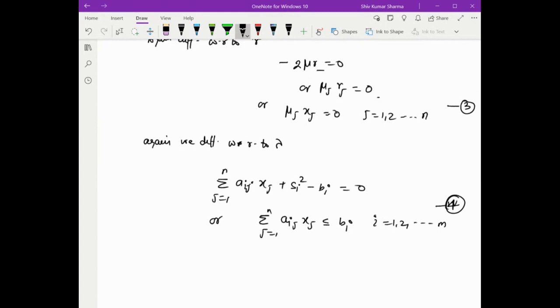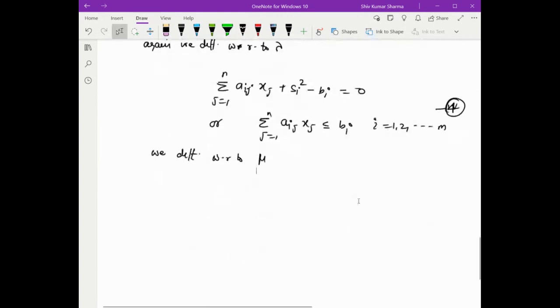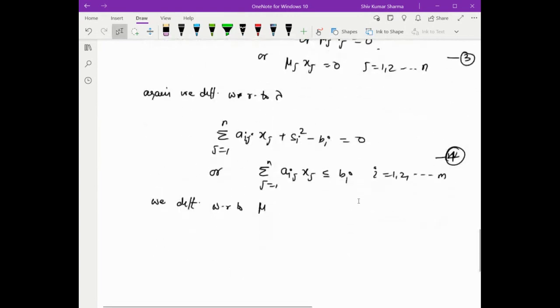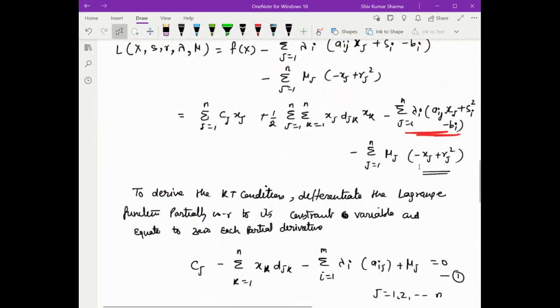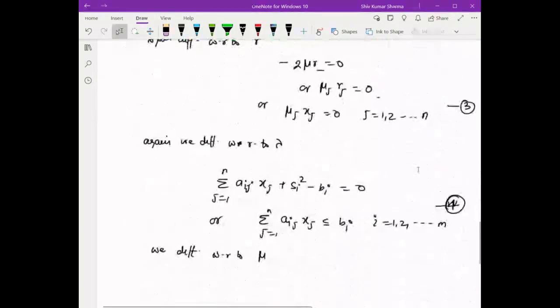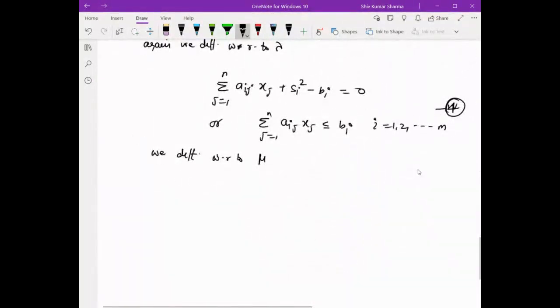And for this equation, we differentiate with respect to mu. So when we differentiate with respect to mu, this gives us minus xj plus rj square equal to 0.